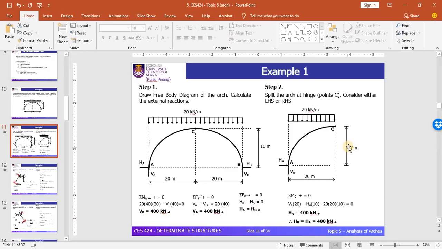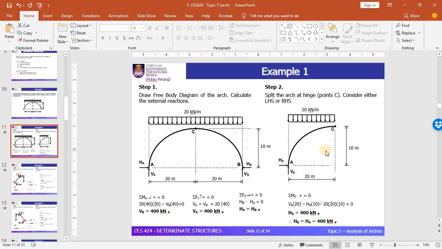I have mentioned that when you have a hinge in the structure, and they have a pin support, normally you need to consider 4 equations, and you need to consider one side of the hinge, either the left or right hand side.